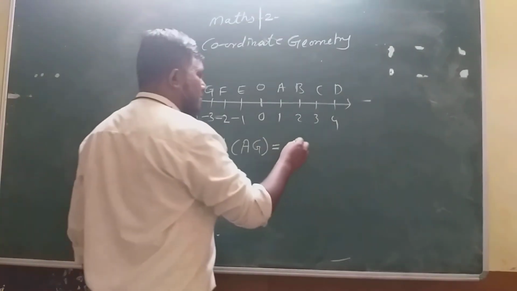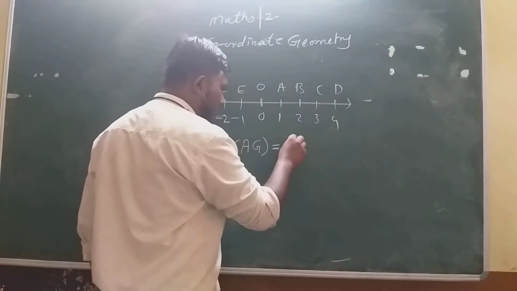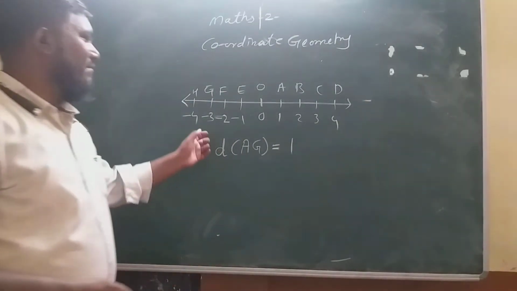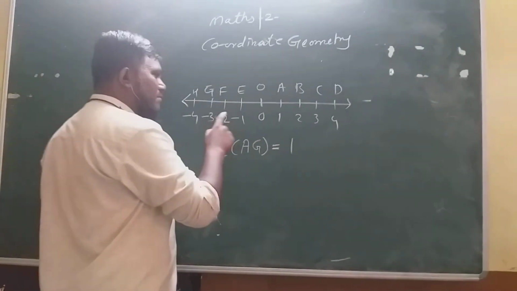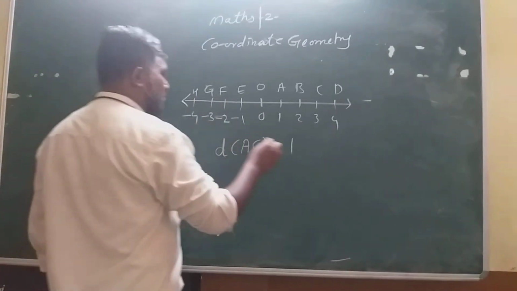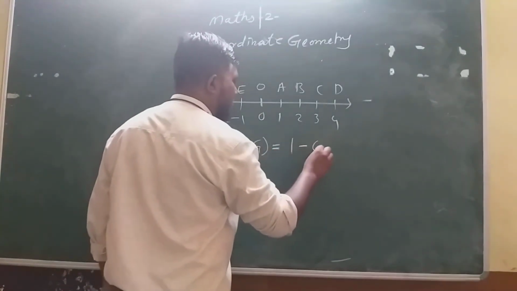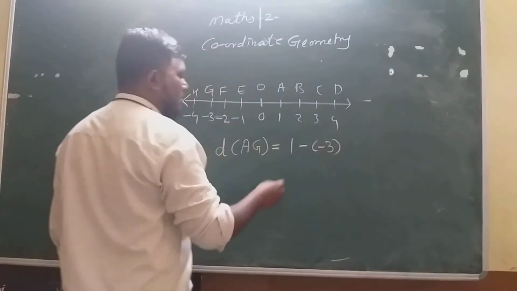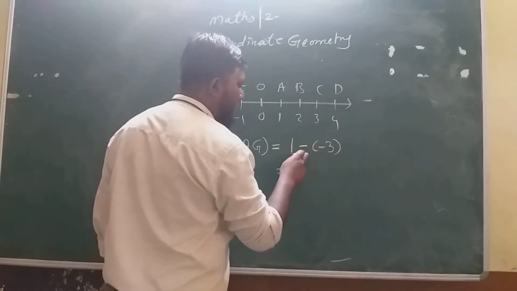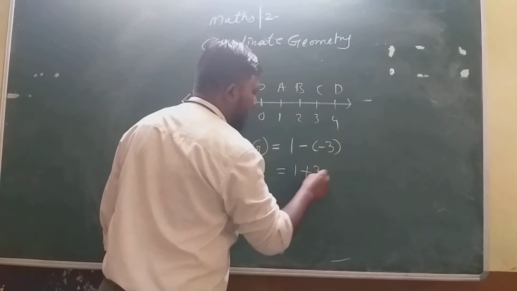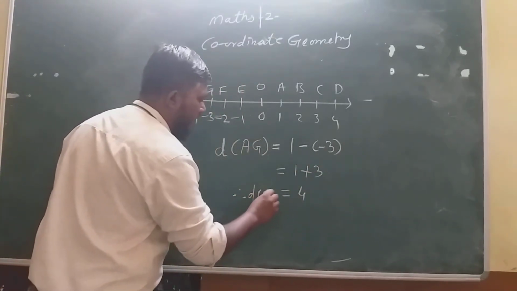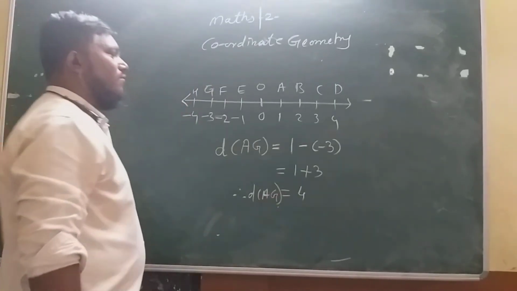So bigger number among these two is what? +1 is bigger than -3. That's why we'll minus the smaller number from the bigger number, that is 1 minus 3. Now when we open this bracket, it will become minus minus plus, 1 plus 3 becomes 4. Therefore, the distance of point AG is 4.